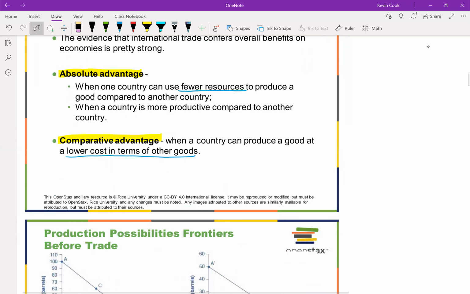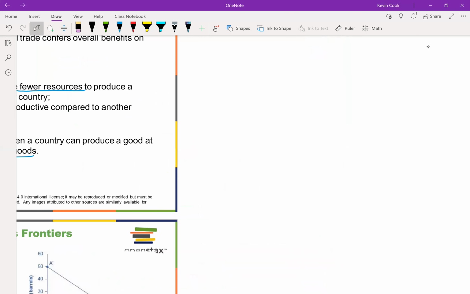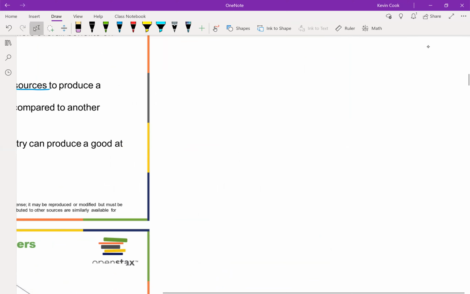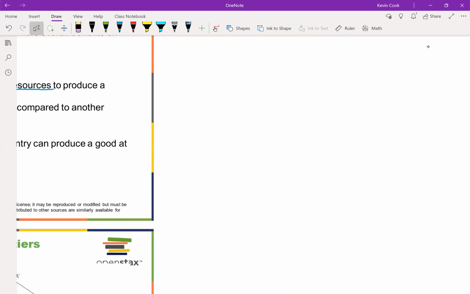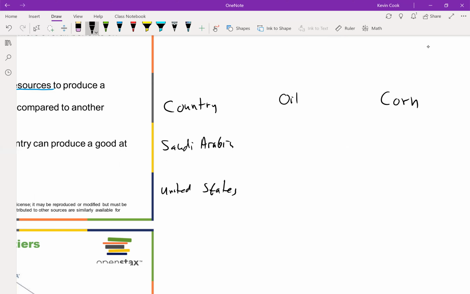So I'm going to come out to the side, that way I'm not pulling stuff out of thin air. But suppose that we have this case, and we have two countries: Saudi Arabia and the United States. And in these two countries, we have oil and corn.